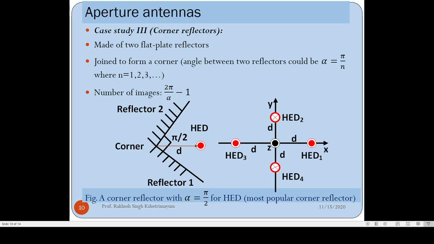We have already discussed this in lecture 21, I guess. So once we have that, you multiply with the array factor. You need to find the array factor for this arrangement of horizontal electric dipole 1, 2, 3 and 4, and you multiply it, you get the electric field pattern in the far field of this original problem you have here, where you have a horizontal electric dipole with a corner reflector.